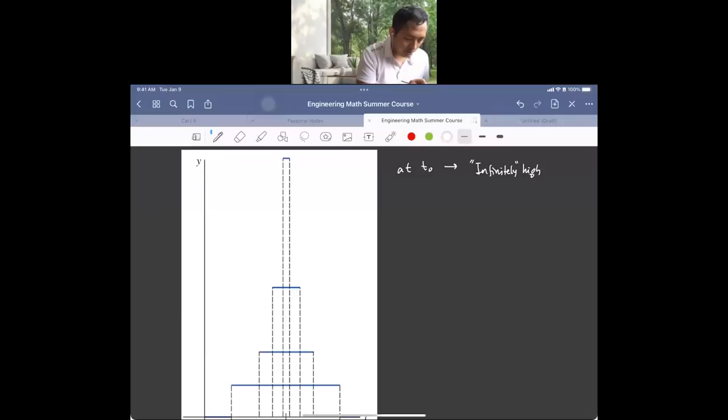But I will write it with quotation marks because it's kind of ambiguous, because it's not really infinite, but when we make a smaller, we get infinitely high.